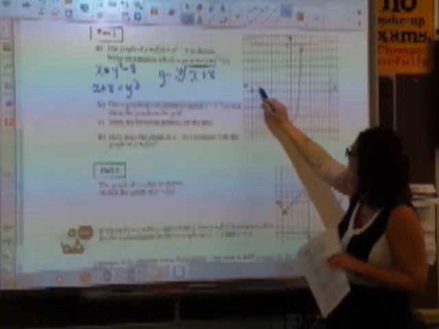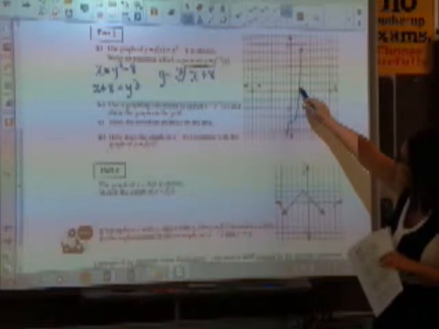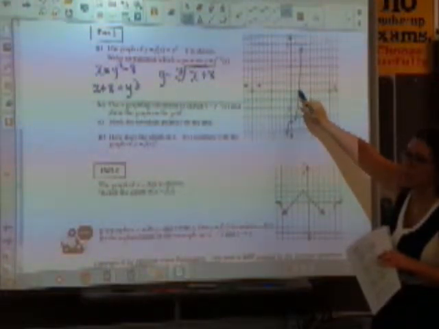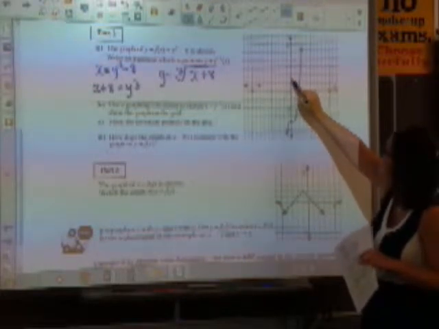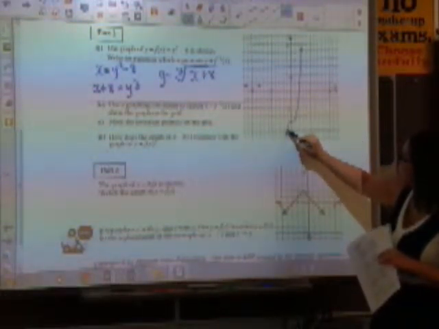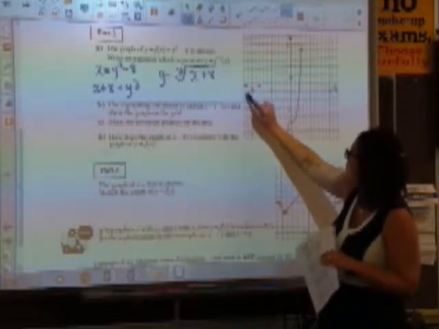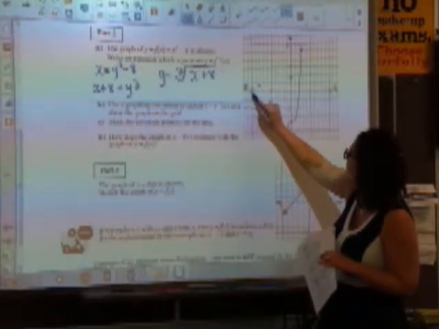So about right here is where this point is going to change. This point here, which was at 2 and 0, will become 0 and 2. And then if I look at this point here as being -1 and 10, it's going to become 10 and -1.